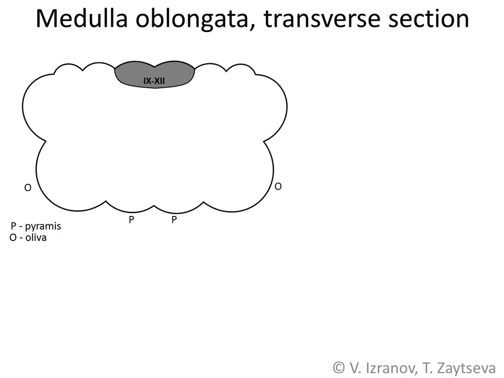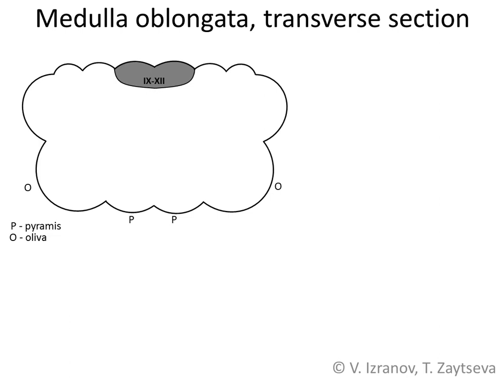It means bodies of neurons. So here in this place we can find a lot of neurons, bodies of neurons, which belong to the cerebral nerves, cranial nerves, and later we shall find each of them.